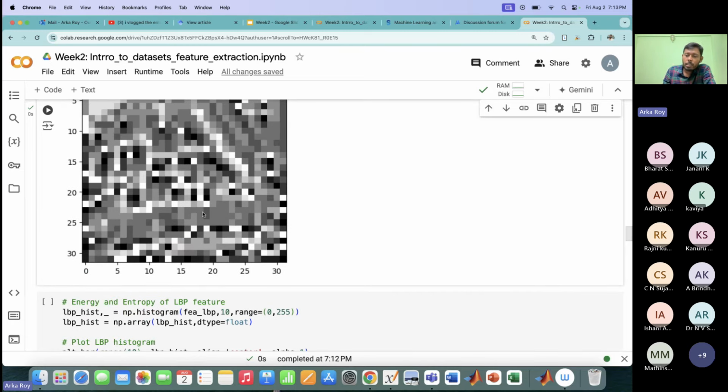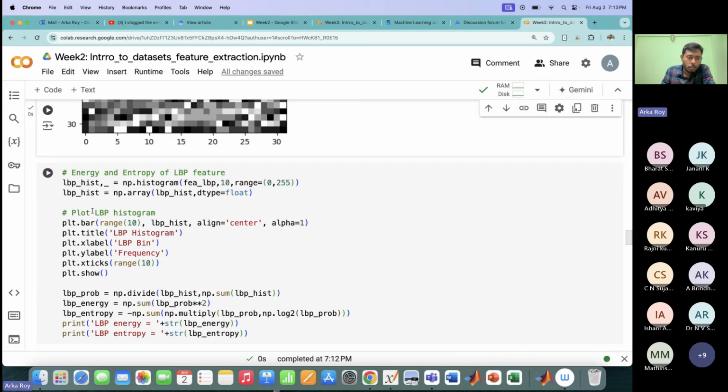A histogram basically gives you the probability of occurrence of any pixel value. Let's say you have a pixel value of 1. It tries to see how many times 1 appears in the image, or the pixel intensity appears in the image, and then it gives a probability distribution.